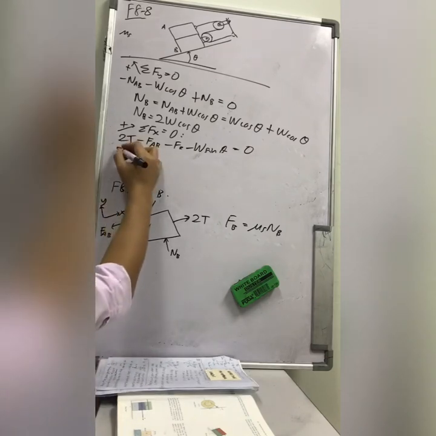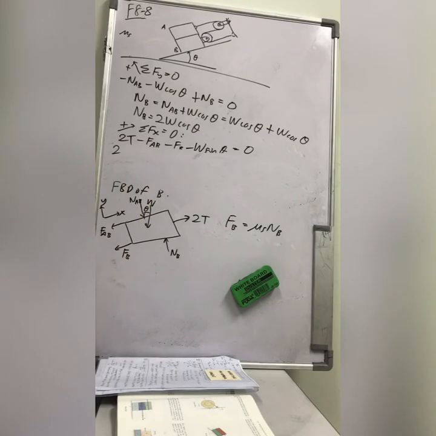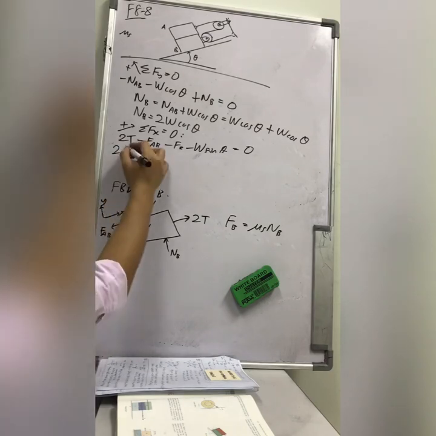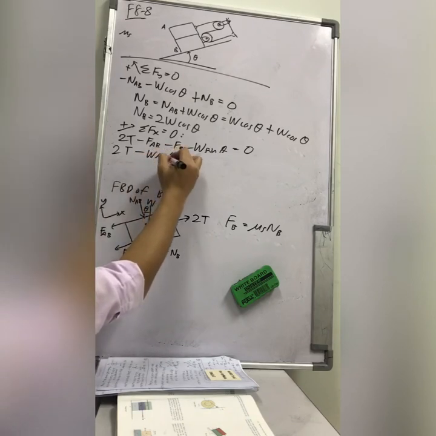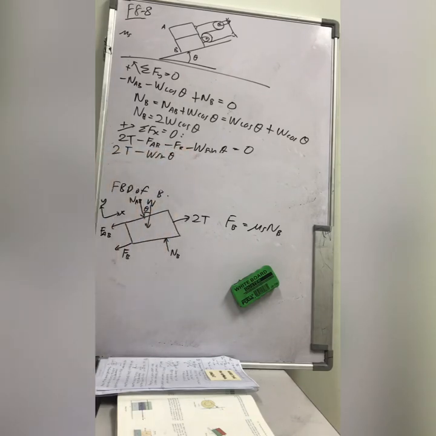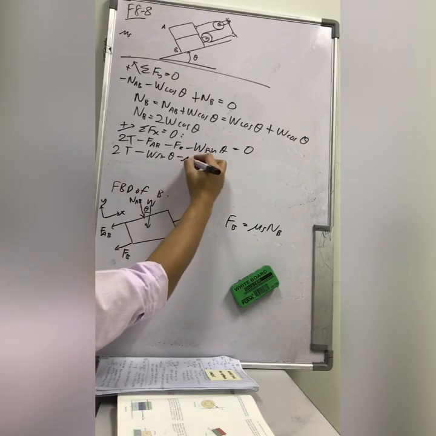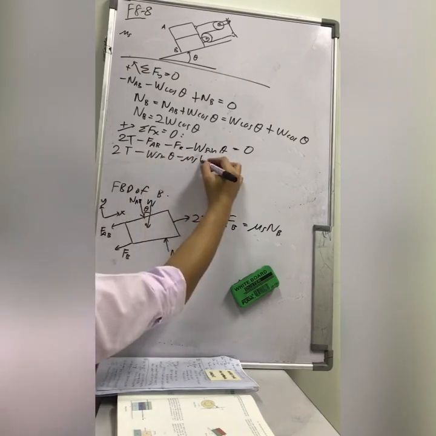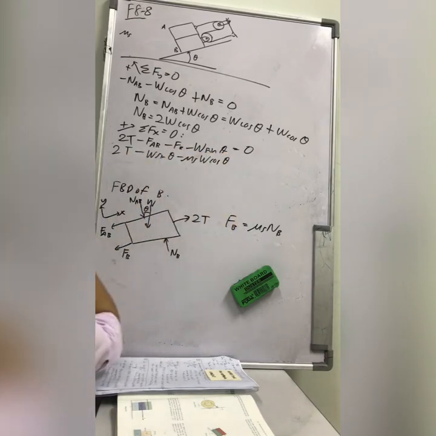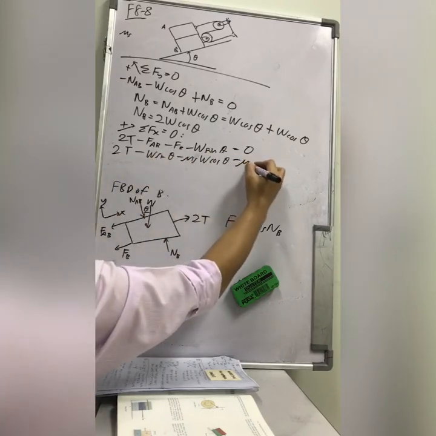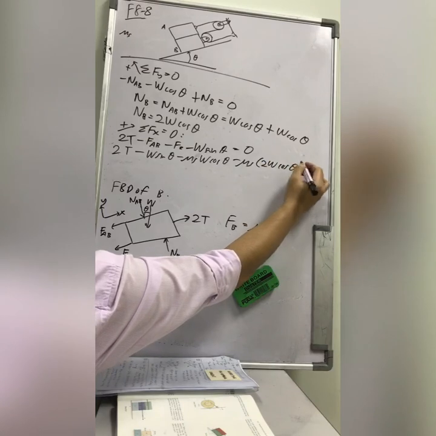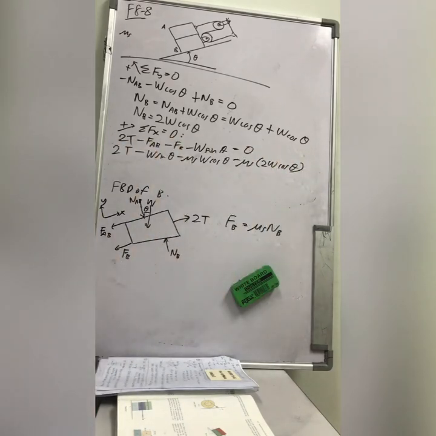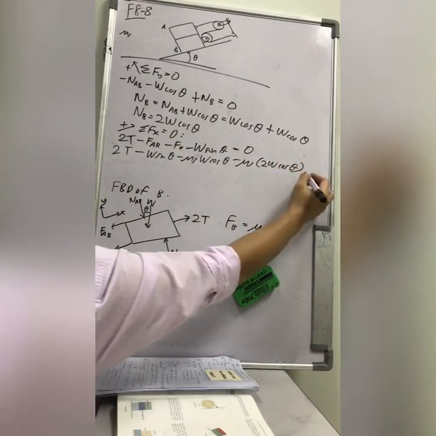So from here, what you do is you have 2T minus F_AB, which is W sine theta, minus mu_S W cosine theta, and minus mu_S 2W cosine theta, equals 0.